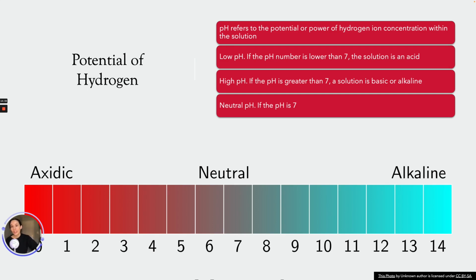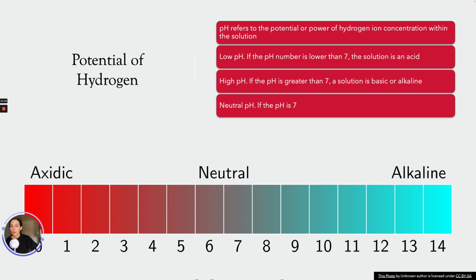So we can see down at the bottom, this should say acidic, but bear with me. So potential of hydrogen. So pH is a symbol that refers to the potential or power of hydrogen ion concentration within a solution.